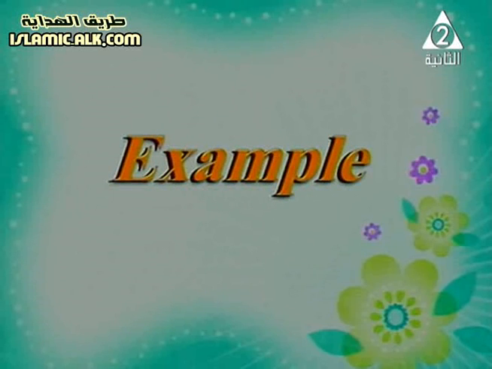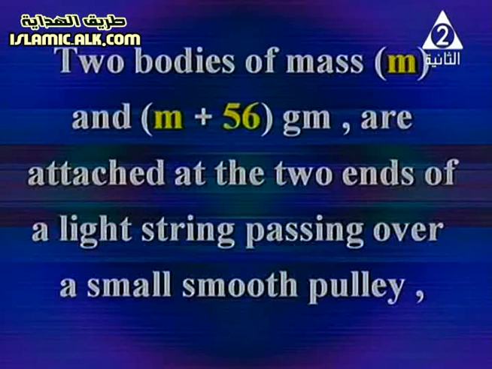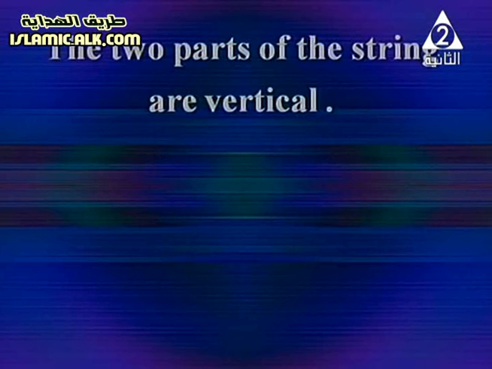Another example. We have two bodies of mass m and m plus 56g attached at the two ends of a light string passing over a small smooth pulley. The two parts of the string are vertical.